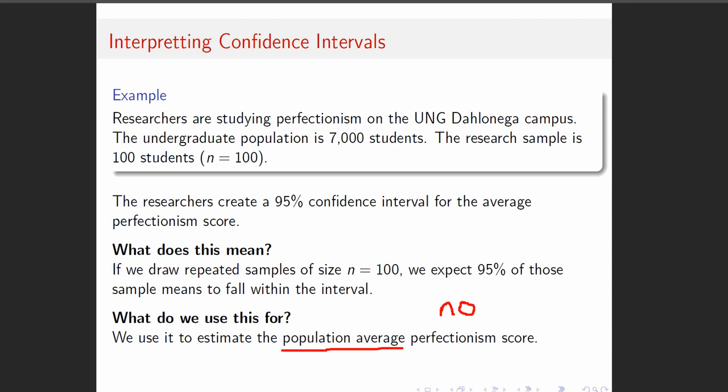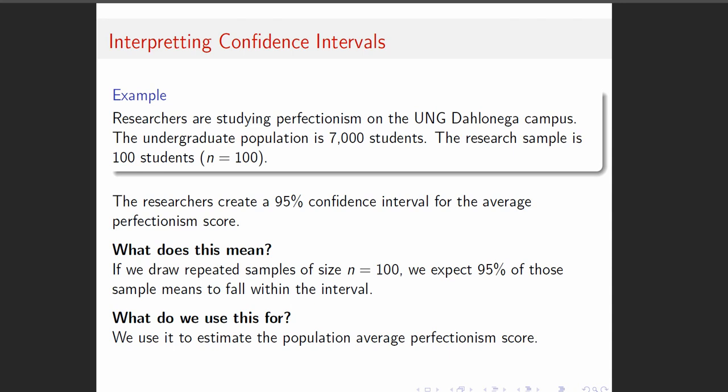And even though it's what we use it for, there is this slight nuance that what we actually know is that the confidence interval tells us that if we redraw samples over and over and over that are the exact same size, 95% of those sample means will fall in the confidence interval. Make a note of this, right?